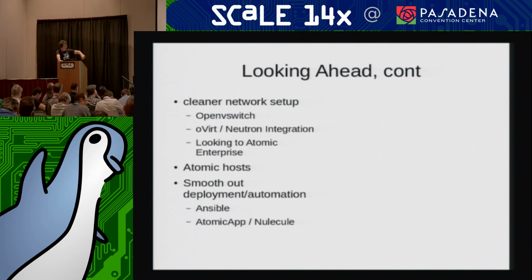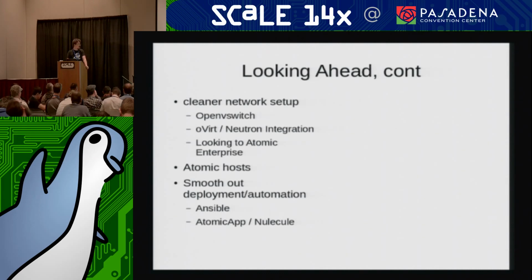And this last bit here, there's this Atomic App, and it's a Nulecule project. What that allows you to do is take something like a very complicated Kubernetes definition with all of its different manifests and boil it down into a one or two command setup where you can say, okay, fetch the app, and it comes down as a Docker container that itself pulls on other Docker containers, and there's an answer file where you can set in the environment-specific details that you want, and then just have it off and running.